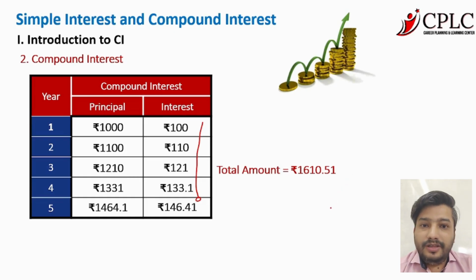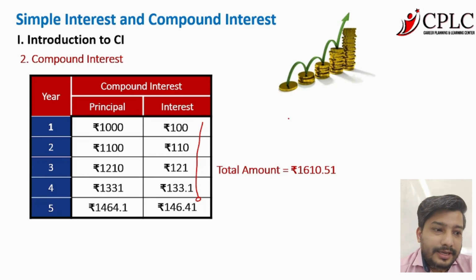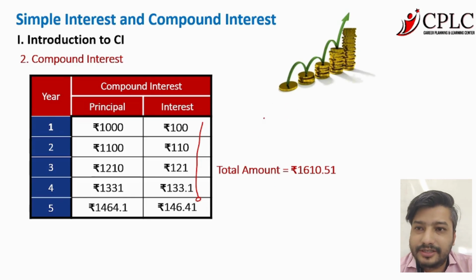Now, what is the property that you need to remember for compound interest? The property is very simple: the ratio between 2 consecutive years is the same, or constant. For example, let's say the amount at the end of the 5th year, let's call it A5, to keep things simpler, and the amount at the end of the 4th year, which is A4.